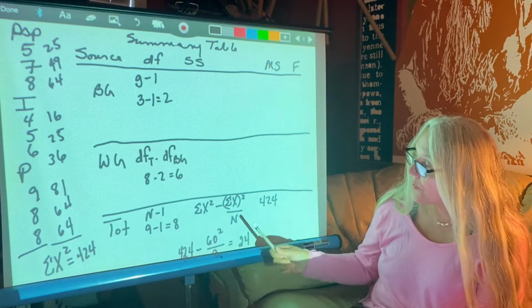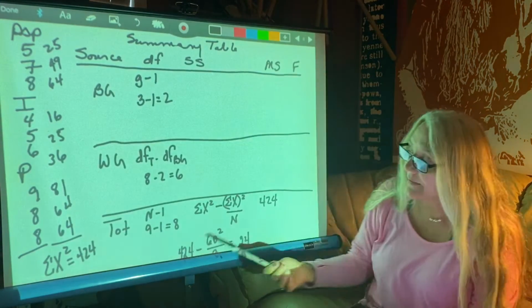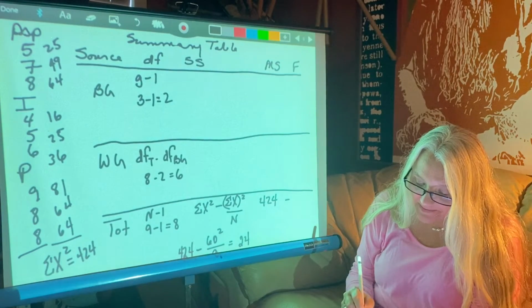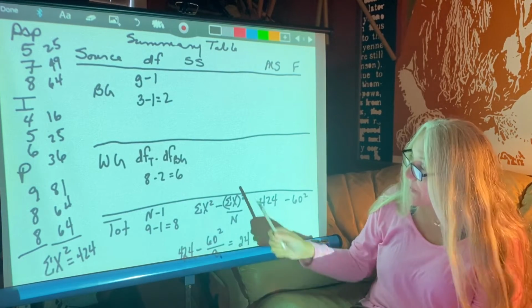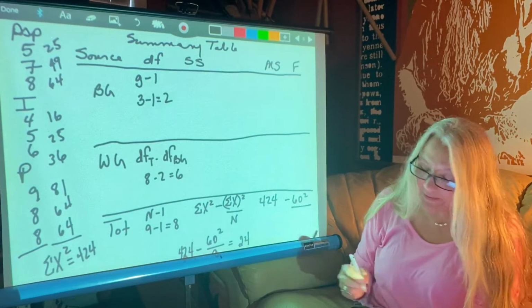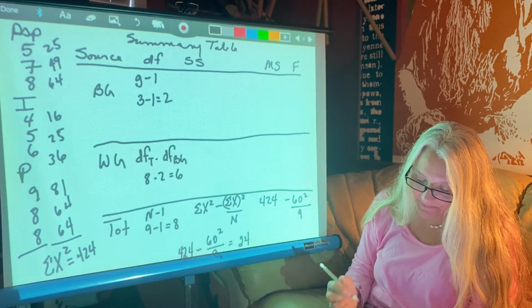I get 424 for the sum of x squared. So when I add up all these squared things, I get 424. And then when I add up all the x's, I got 60. And you square that and then divide by n, and n is the total number of scores, so that's 9.